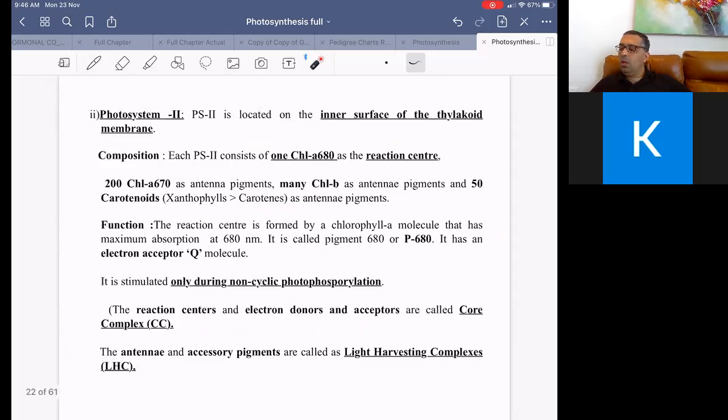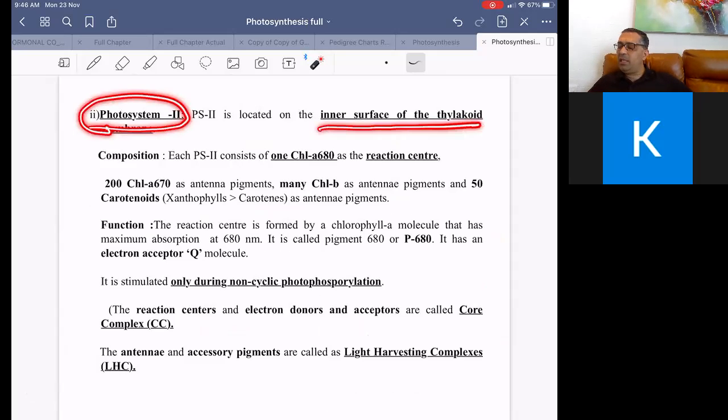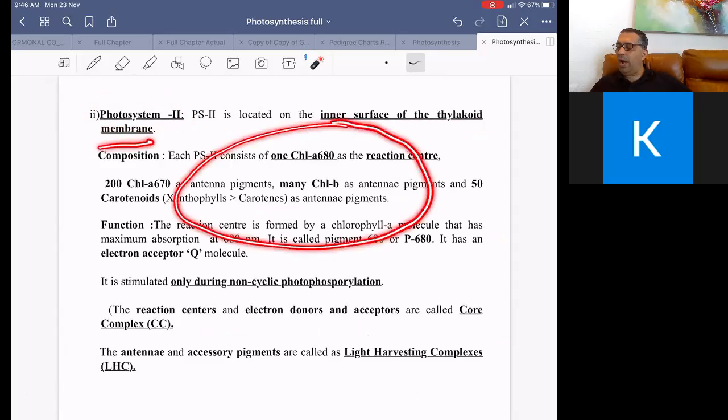Photosystem 2. Photosystem 2 is located on the inner surface of thylakoid membrane. तो ये है आपका thylakoid, और thylakoid का outer membrane में कौन था?